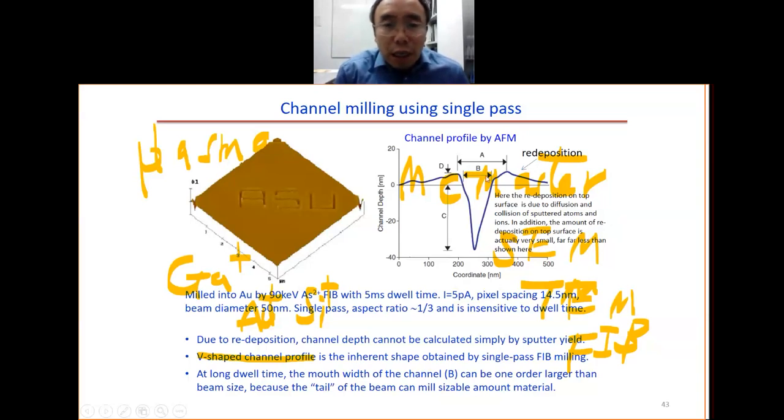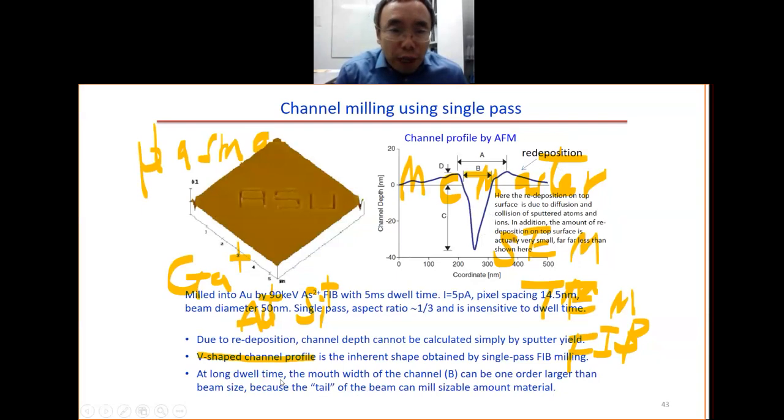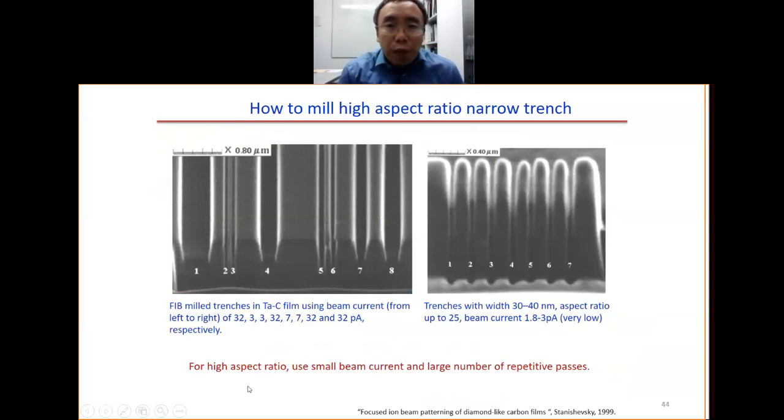So here we have the beam tail milling the material, and also we have redeposition. When you mill the material here, it does not all come out. There will be lots of redeposition on the side walls. This also makes the shape like a V shape. So we see we have this V shape.